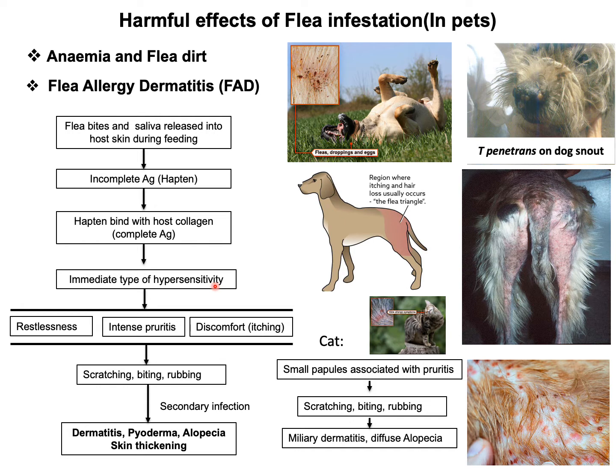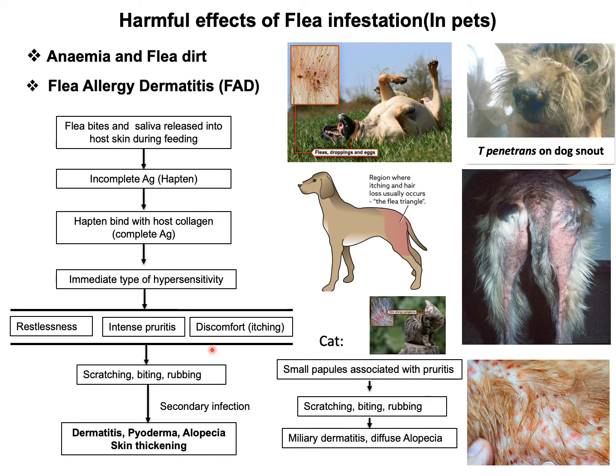But note that you may not get immediate type, or type 1, hypersensitivity at the first bite. So this can be seen in the sensitized animal. As a result, there will be intense pruritus and the animal will become very restless. Due to the continuous discomfort from the itching, the animal will try to get rid of it.